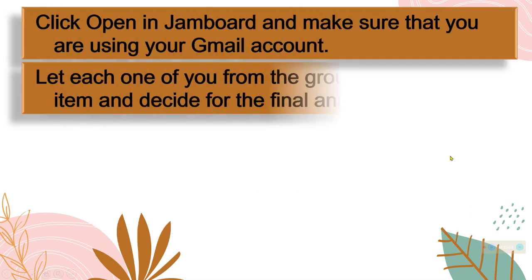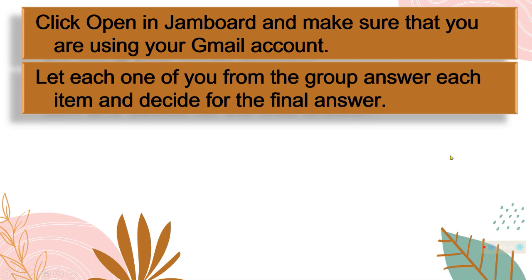So I have here the instruction first. You are going to click open in Jamboard in our Google Meet and make sure that you are using your Gmail account. Then let each one of you from the group answer each item and decide on the final answer, because this will serve as your group activity number 1.